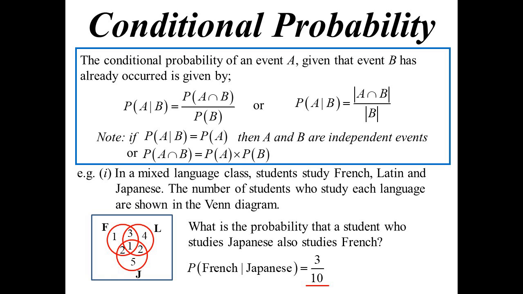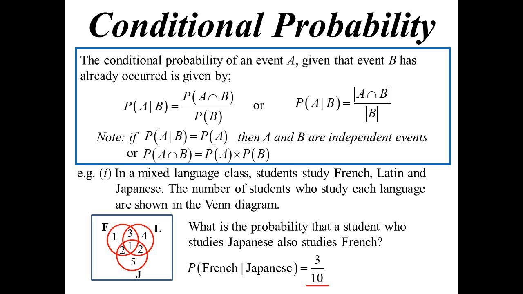It was the number of items in the intersection. We're looking at French and Japanese. So there were 3 in the intersection, over the total in B, the one that's actually happened. In this case that was Japanese, and there are 10 in the Japanese one all up. So 3 in 10 chance is what we're looking at.